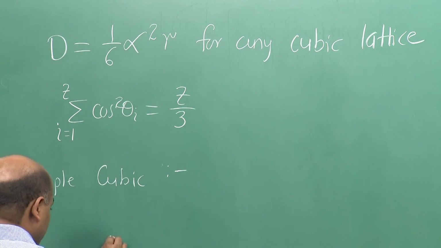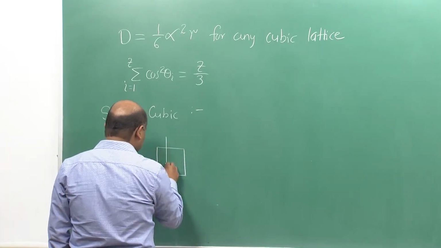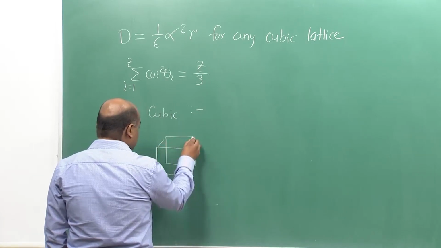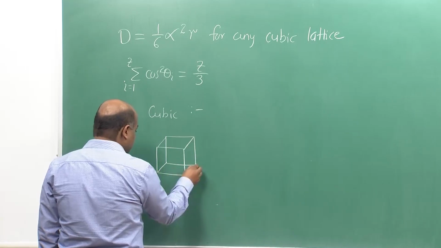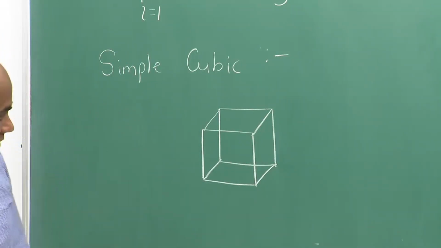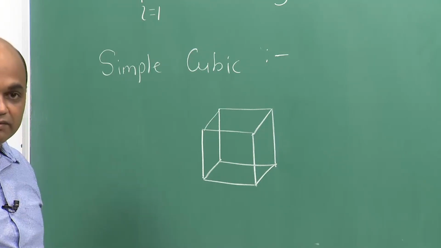in simple cubic, what is the coordination number? The coordination number is 6, which means any atom has 6 nearest neighbors, or any atom has 6 possible sites onto which it can jump.